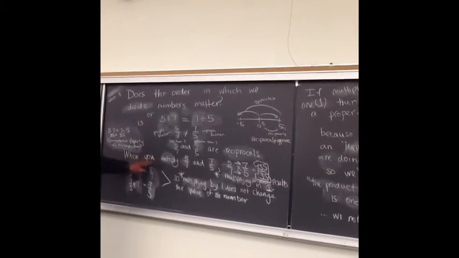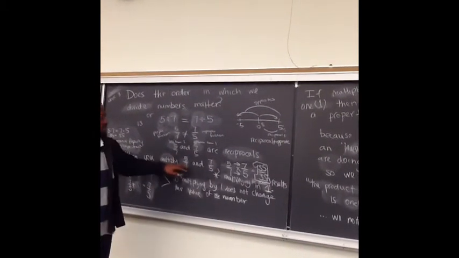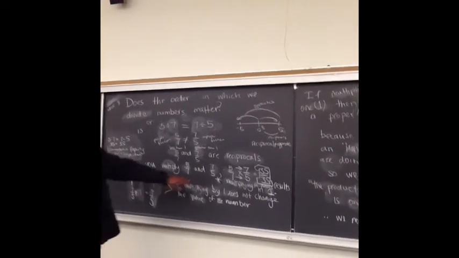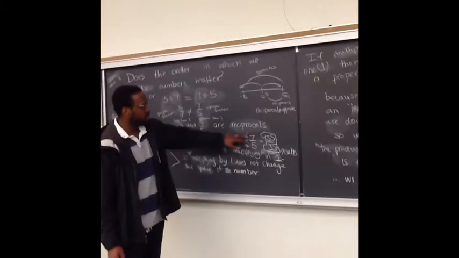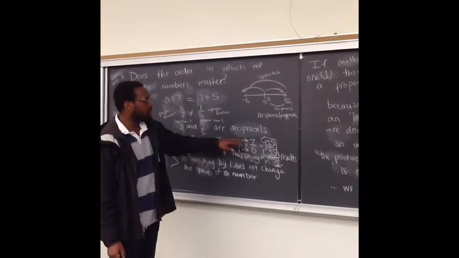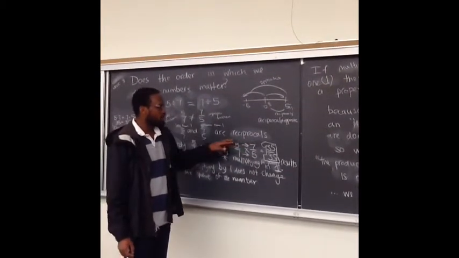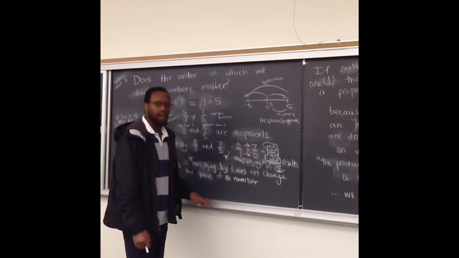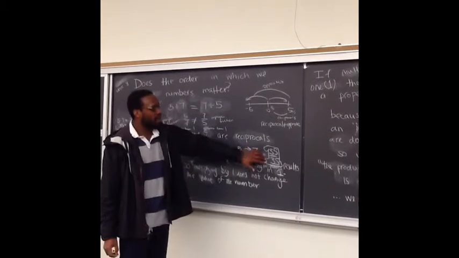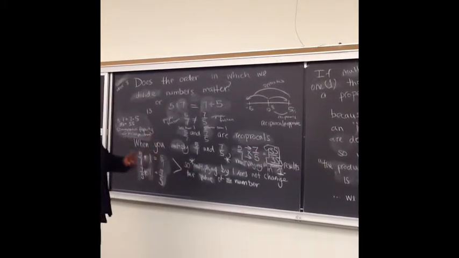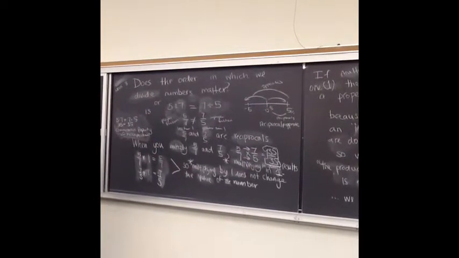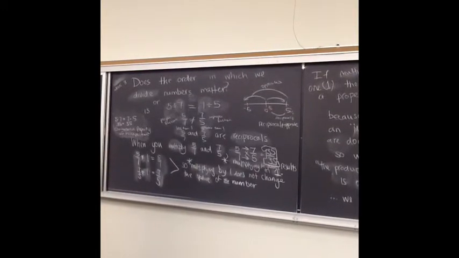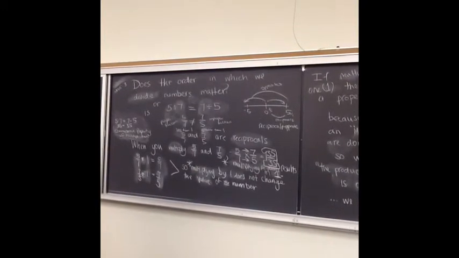Now, when you multiply 5 over 7 by 7 over 5, it would be interesting to see what we get. When we multiply fractions, we multiply the numerator by the numerator and the denominator by the denominator, and we get 35 over 35. Now, 35 divided by 35 is 1 whole, and so we want to see what happens when we multiply other numbers by their reciprocal.